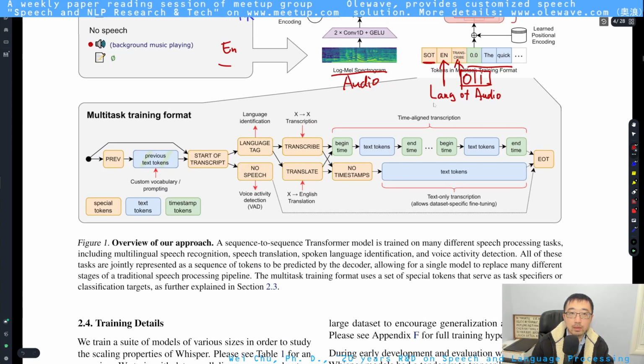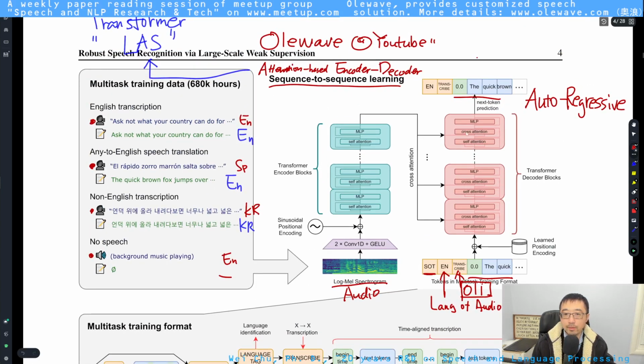About the model again, you can see the encoder part is transformer stacked encoder blocks, and the decoder is also transformer decoder blocks. But what is different than the traditional transformer that is being used in speech recognition is the tokens in the multitask training format. SOT means the start of the sentence, and they have the language token here.